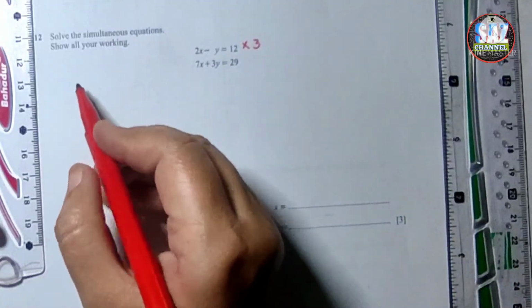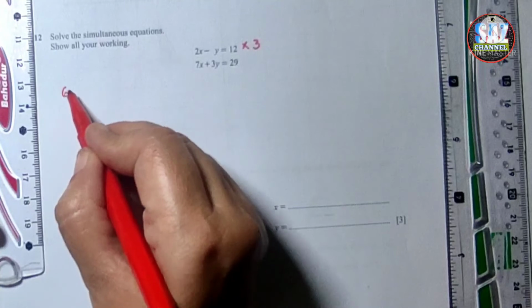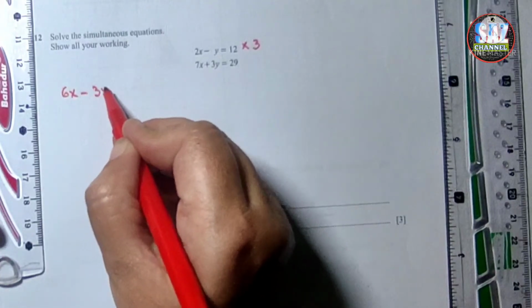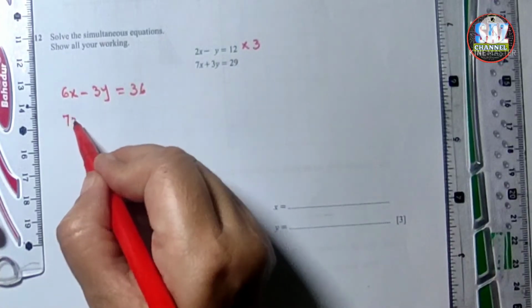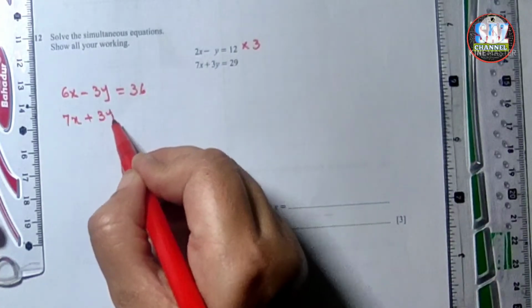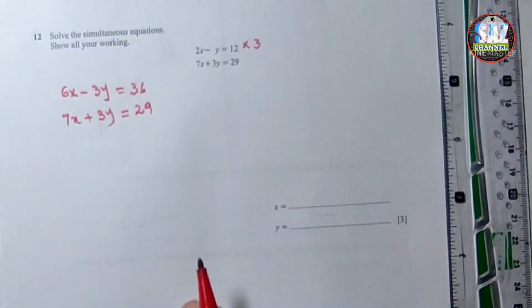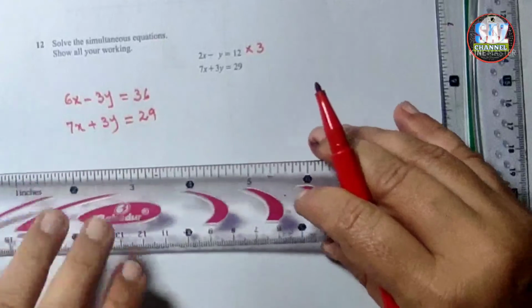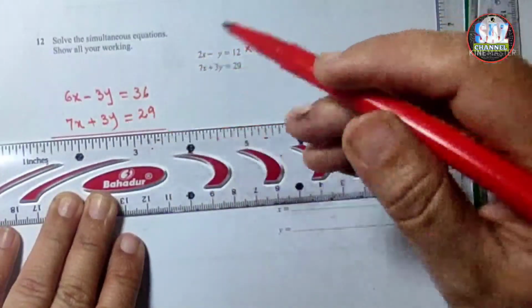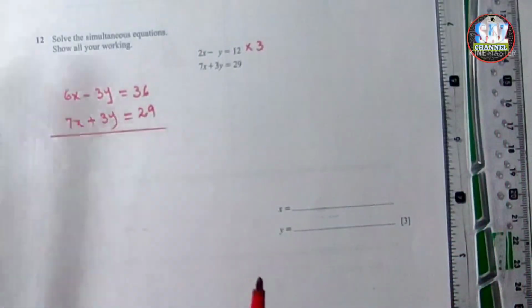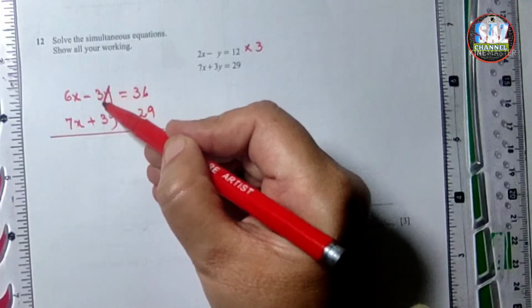This 3 has to be multiplied with 2x, that will become 6x minus 3y equals 36 and 7x plus 3y equals 29. Now we can see that y has the same coefficient with opposite sign, so we can add up the equations.